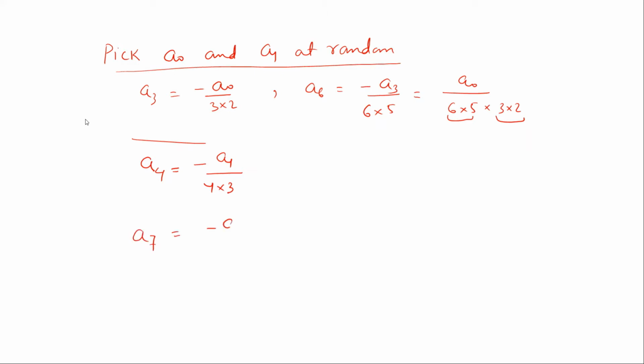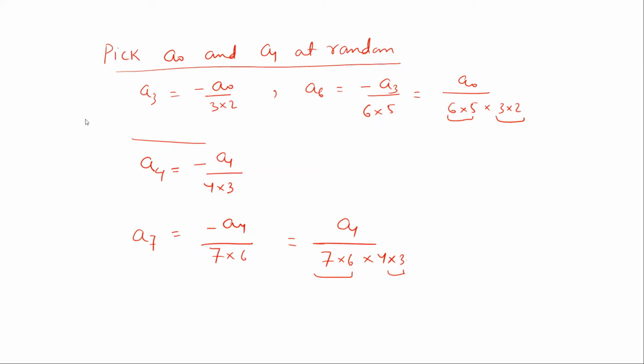a_7 is minus a_4 upon 7 into 6. That is, if we replace in terms of a_3, then it would be a_1 upon 7 into 6 into 4 into 3. So here also we are missing 5, so it is not a factorial. Here also, 4 is not there, so it's also not a factorial of 4.